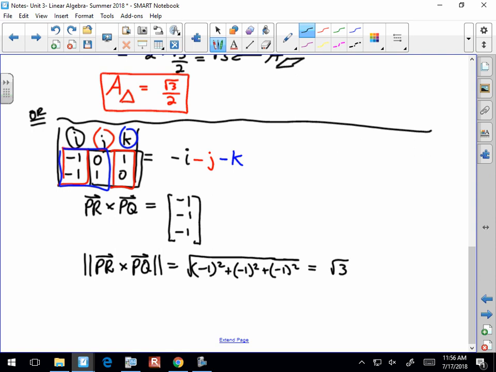And again, that's the area of the parallelogram. If I want the area of the triangle, just chop it in half.